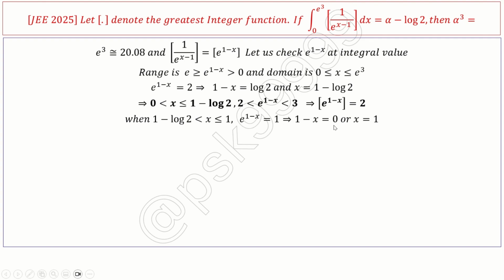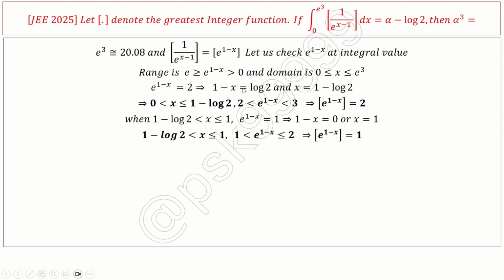That means 1 minus x equal to 0, or x equal to 1. So between 1 minus log 2 and 1, e to the power of 1 minus x is between 1 and 2, which means the GIF will be 1 in this range. Hope you understand how you got it.